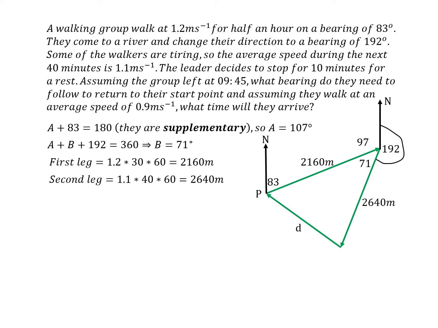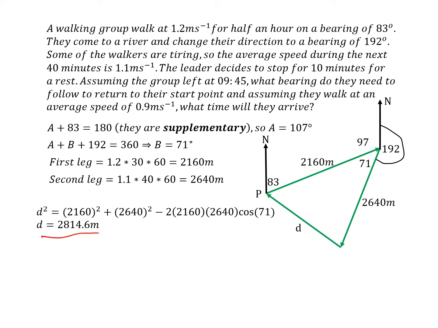Well, that to me looks like the cosine rule. So sure enough, the cosine rule applied to that triangle, D squared equals 2,160 squared plus the other side squared, etc., etc. When we square root, we get that figure for D.